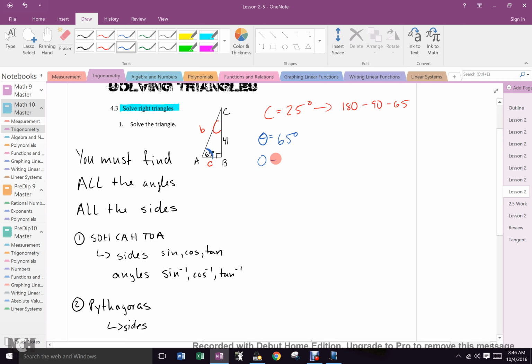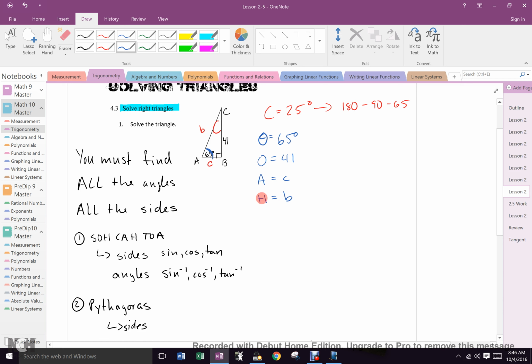I have an opposite of 41. What do I need? I need an adjacent, which in this case is little c, and I need a hypotenuse, which in this case is little b. So I have an O, I have a theta, I need an A and an H.